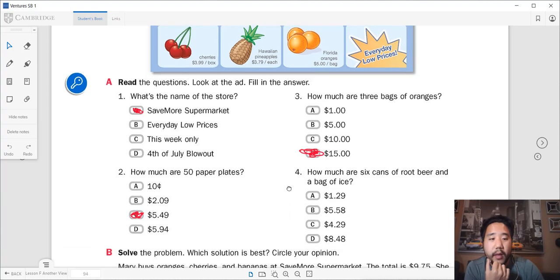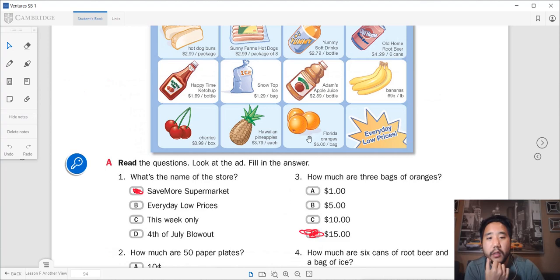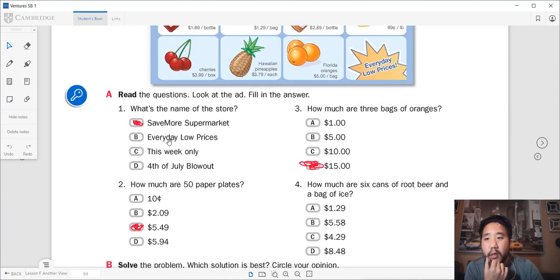Question number 4. How much are 6 cans of root beer and a bag of ice? So let's look at the price of 6 cans of root beer first. So we can see that it's $2.49.